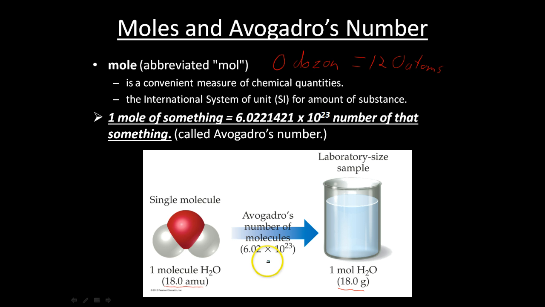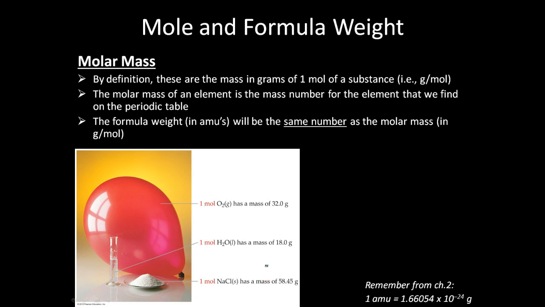But since this is such a bigger number, let's go ahead and practice this a little bit more. So consider this. By definition, these are the masses in grams of 1 mole of a substance, 1 gram per mole. So the molar mass is the mass of 1 mole of that substance. The molar mass of an element is the mass number for that element that we find on the periodic table.